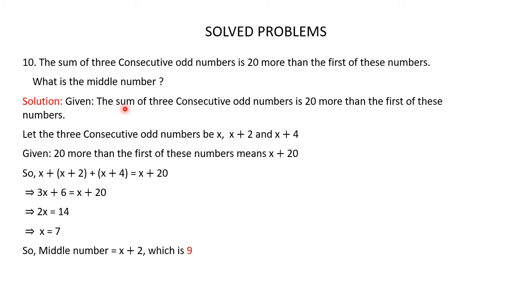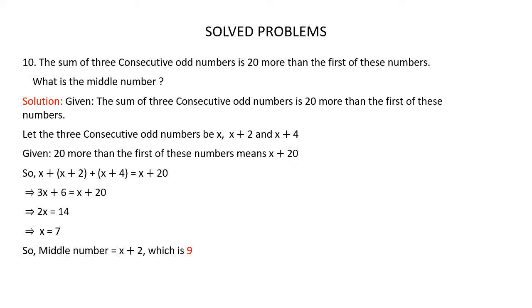It's given that the sum of three consecutive odd numbers is 20 more than the first. The sum of three consecutive odd numbers means x plus x plus 2 plus x plus 4. 20 more than the first of these numbers means you have to add 20 to the first number. Here x is the first number, so you have to add 20 to x. 20 more than the first of these numbers means x plus 20.